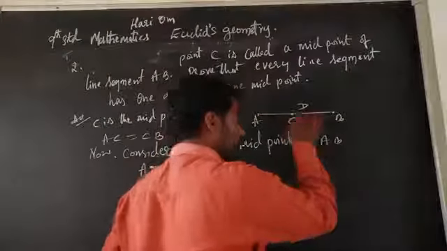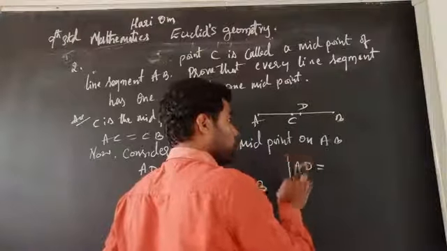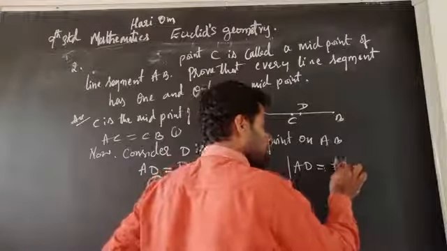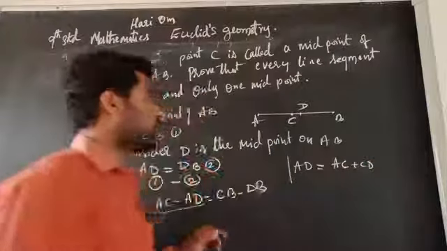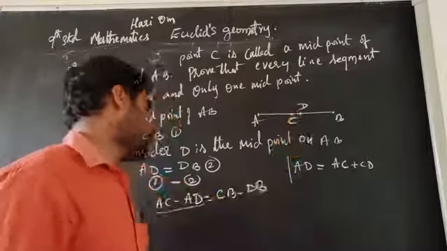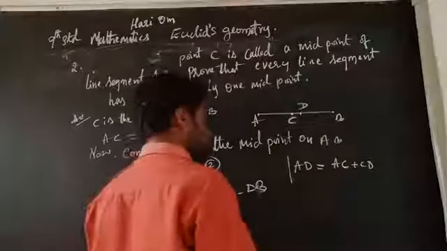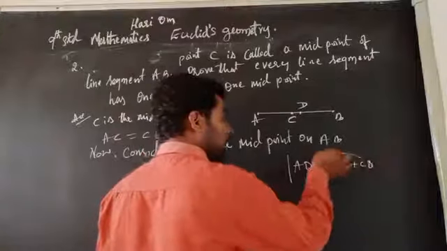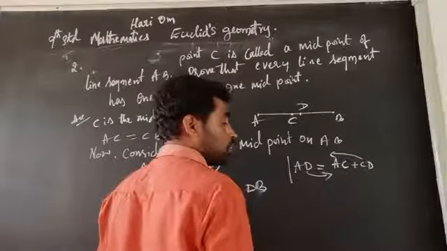See, here I can turn AD as AC plus CD. Is it just, friends? AD is equal to AC plus CD. Now I'll transfer CD to the LHS and AD to the RHS. What it becomes?